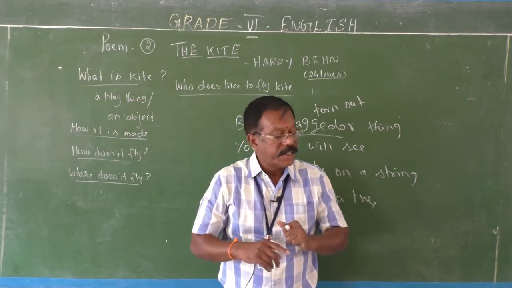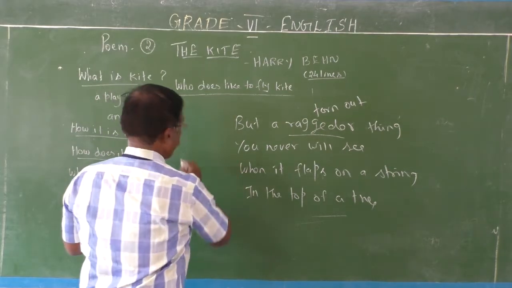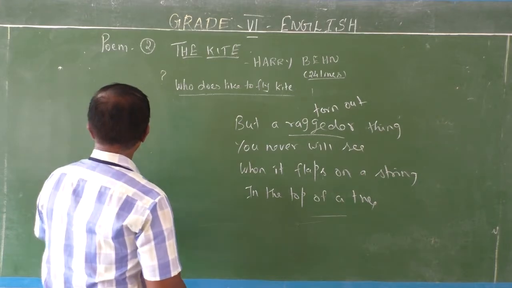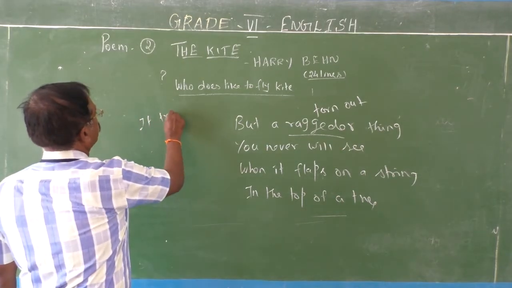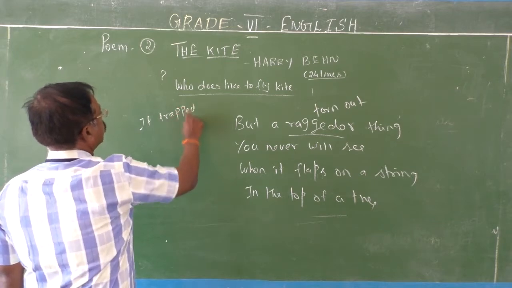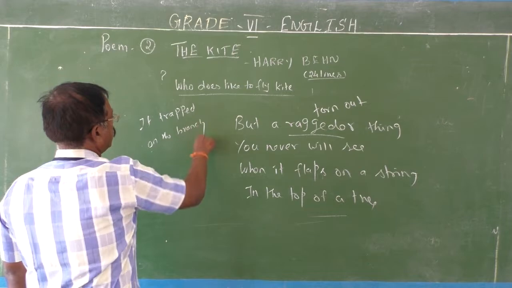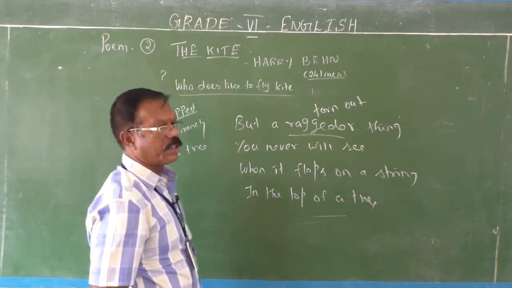After it gets trapped in the branches of the tree, so it will trap. I will write such a phrase on the board. It will trap on the branch of the tree.